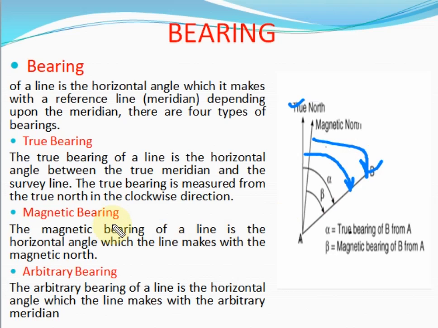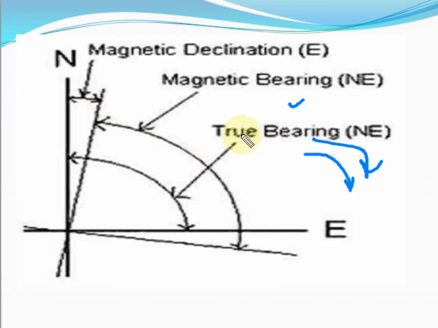So the arbitrary bearing of a line is the horizontal angle which the line makes with the arbitrary meridian. As we know, a meridian is an imaginary line passing through the poles. Now in this figure, the magnetic bearing is deflected toward the east, and the true bearing is also deflected towards the east.